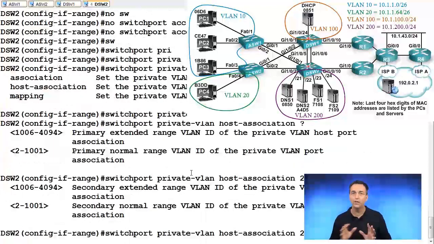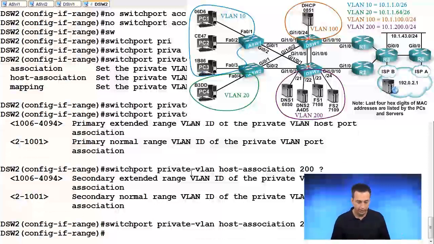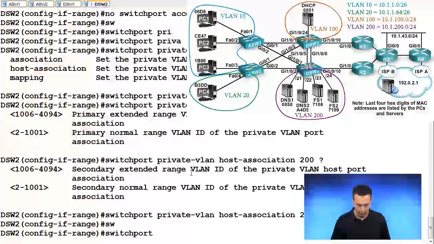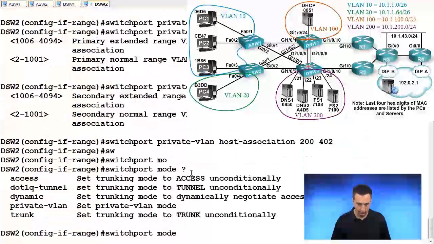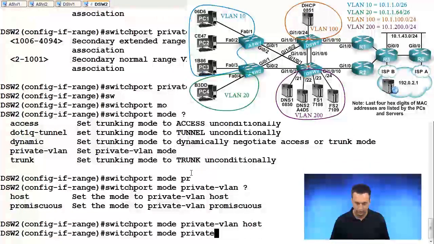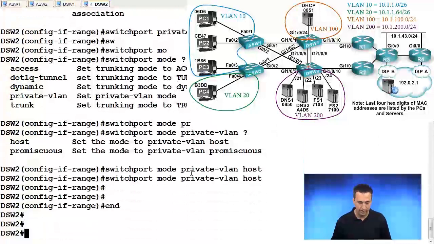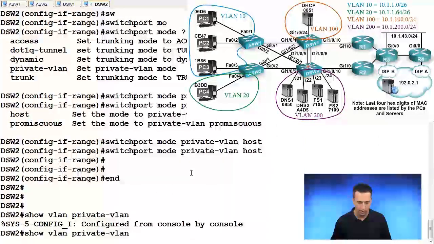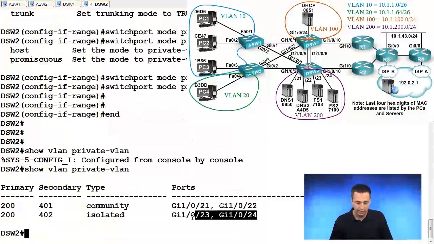So we're isolating file server 1 and file server 2 from each other and the community VLANs. Now we also have to indicate that switchport mode is private VLAN and we are a host. We're not the promiscuous port, we are host. And let's verify our configuration now with the show private VLAN command. And whew, so far, so good.